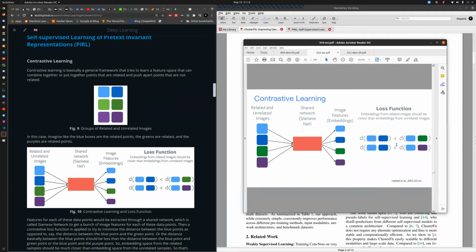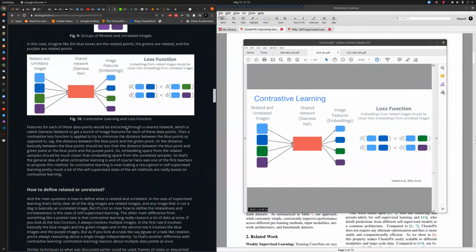It's the same embedding structure that we look at in word2vec. Initially, this is a kind of derivative of that work.